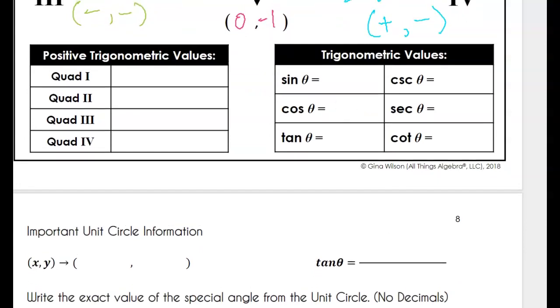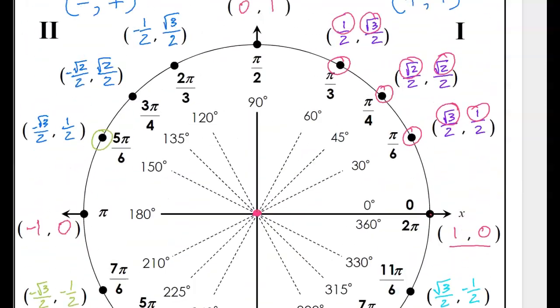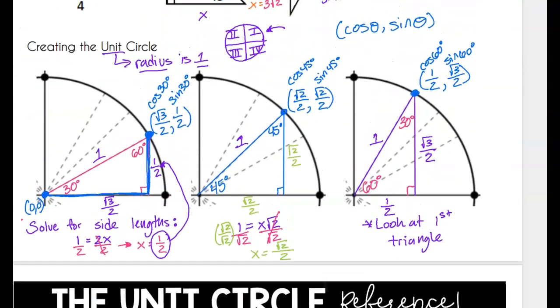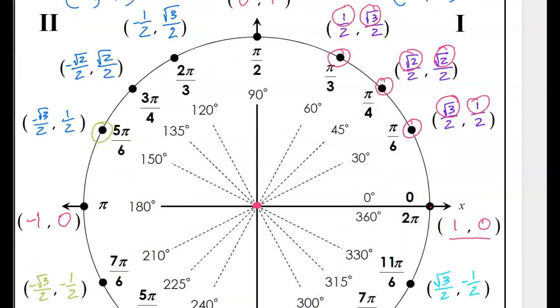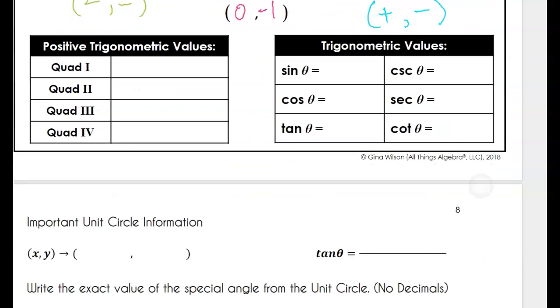In our special right triangles we solve for, sine was always the, look up here. Yes, sine was always the y value. So sine of theta is always going to be equal to the y. What was the cosine always? Yes.